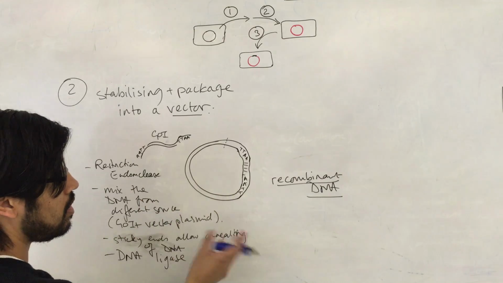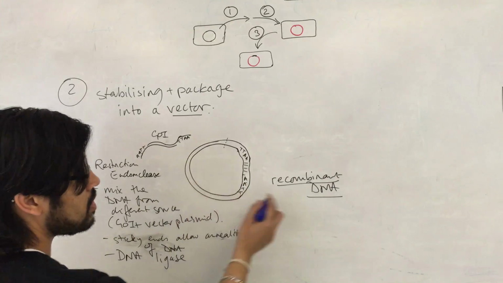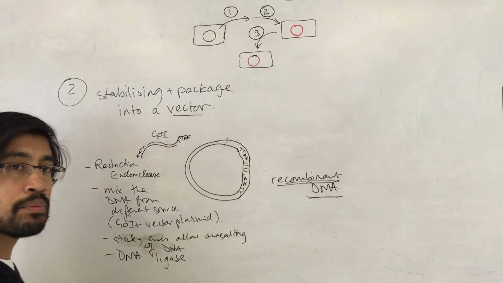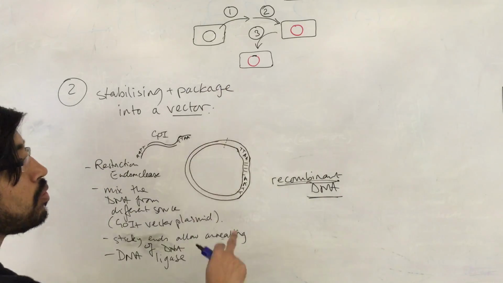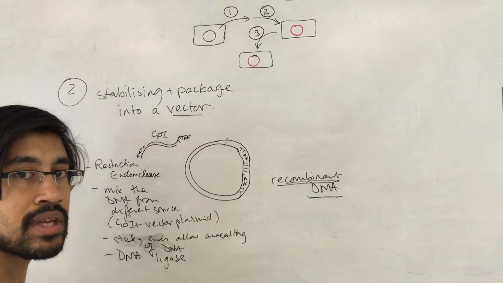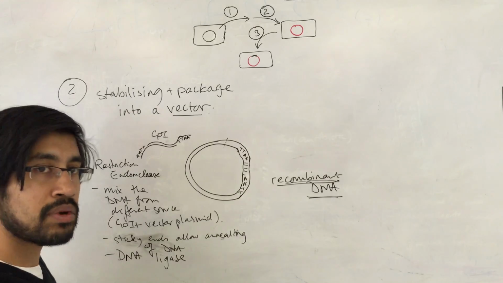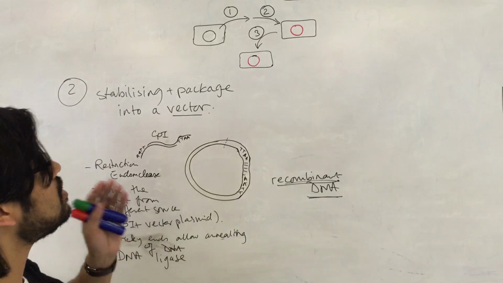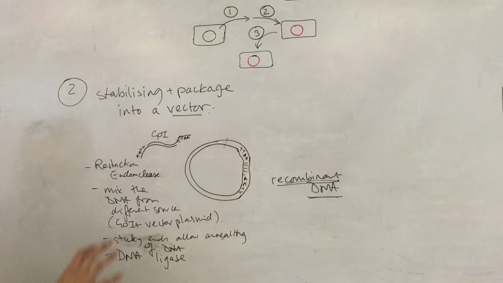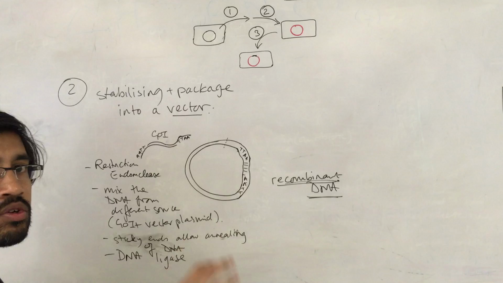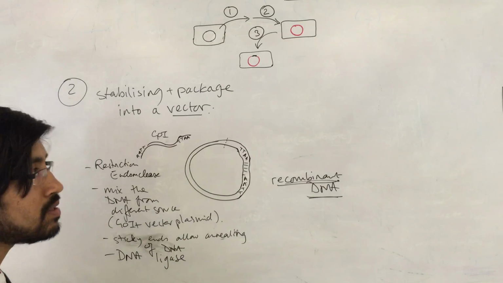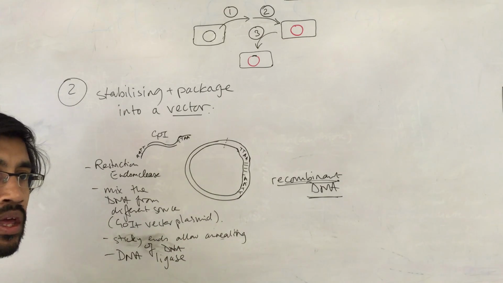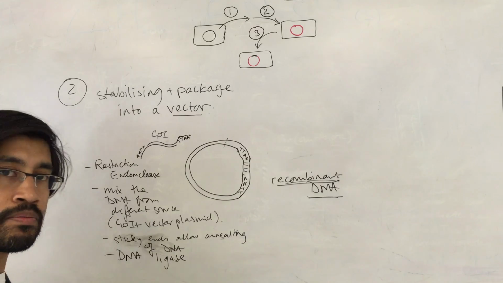The DNA are from different sources, joined together: recombinant DNA. But we haven't yet produced our transgenic organism because it's not yet in the cell that we want it to be in to be expressing the gene product. So that's stage 2 completed. We'll now look at how we can get this DNA into our recipient cell so that it can be expressed and we can go home.